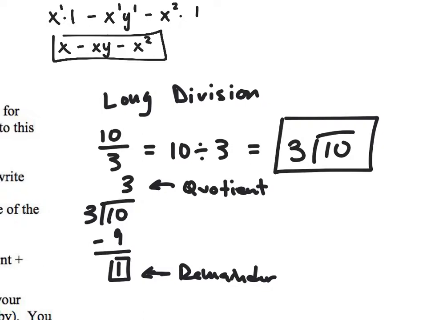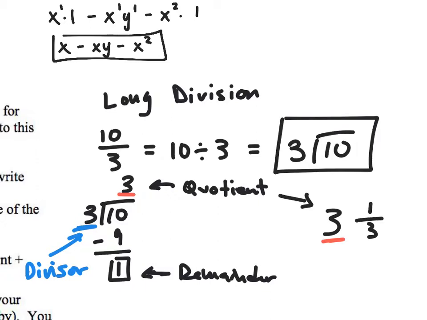So then how I would write my quotient, if I have a remainder, is I would write 3 as my quotient, and this number comes from here, all right? And then I would take my remainder and divide it by my divisor. So this number here is my divisor. Okay, so I would write this as 3 and 1/3.